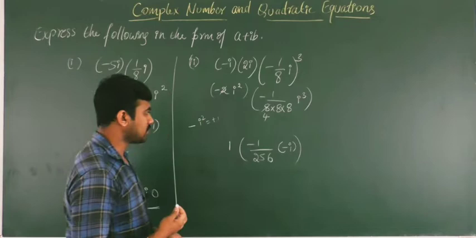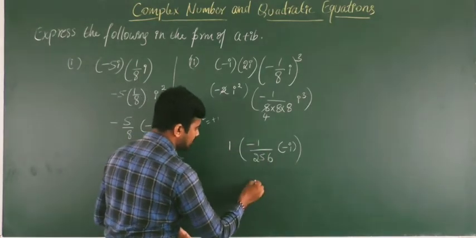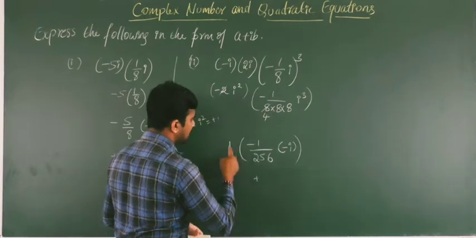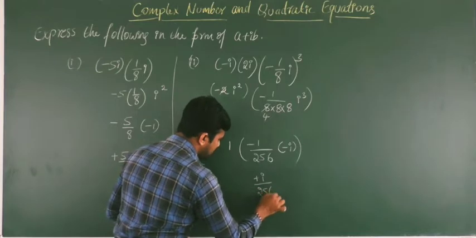Again, multiplying minus and minus gives plus, so plus 1 into i divided by 256.